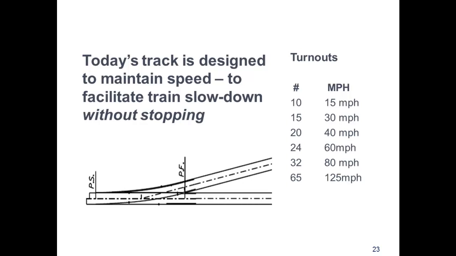Note that the faster speed turnouts do require longer lengths. I would also add that perhaps a century ago, the largest size turnout in use was a number 10. So all of these higher number turnouts have been invented, developed, and put in service since, say, 1900.